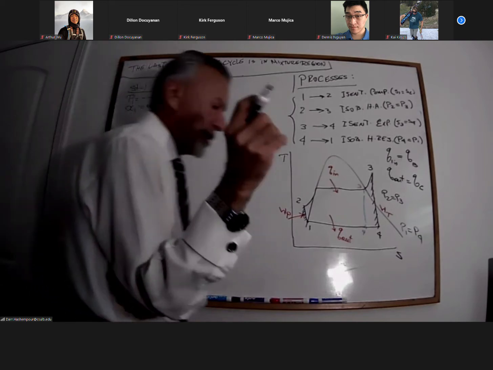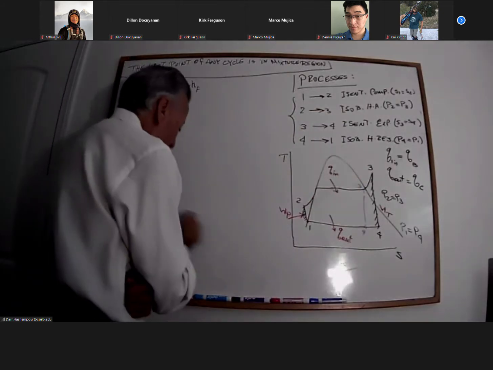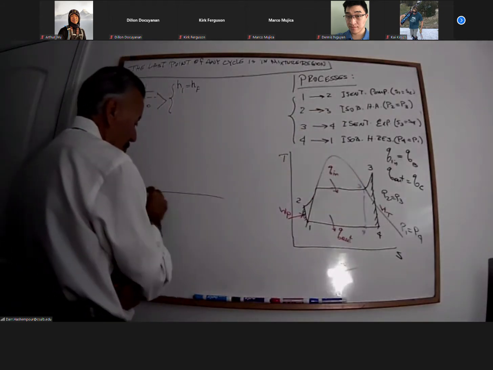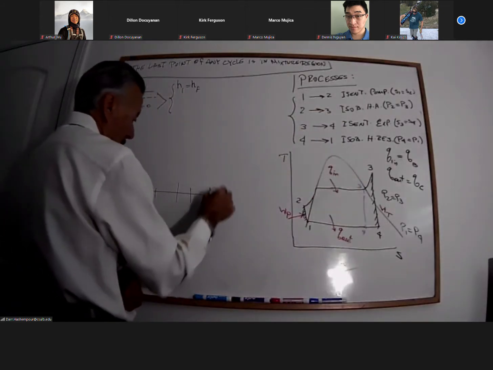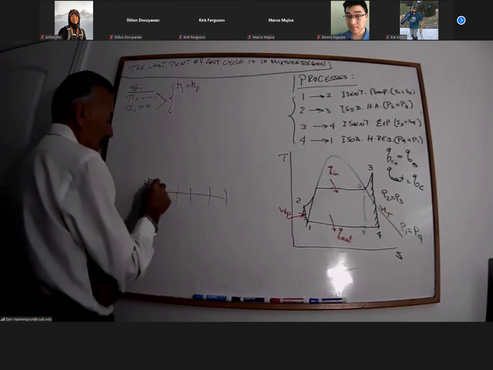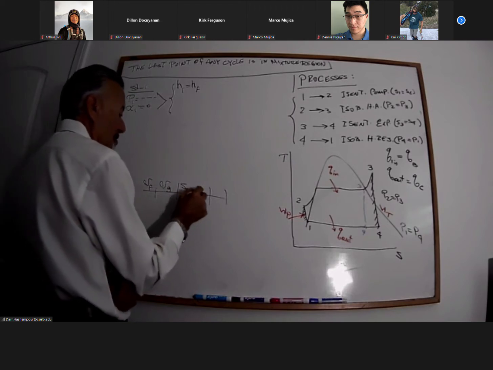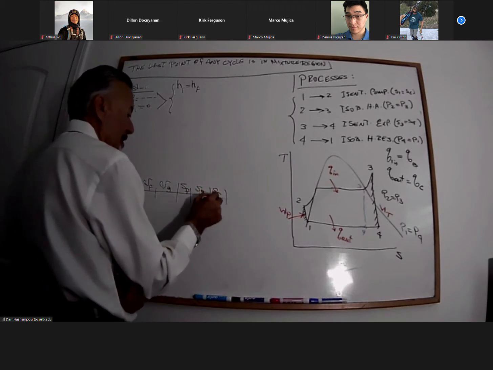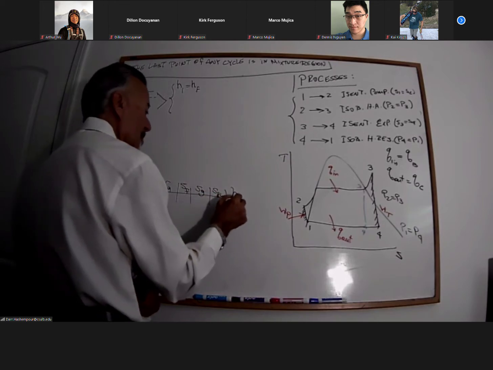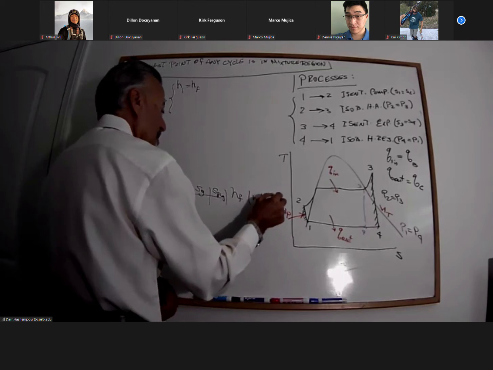Now, when you go to saturated liquid table, if you look at it at the top, you have V of F, V of G, S of F, S of G, S of F of G, H of F, H of G, H of F of G, and so on and so forth.